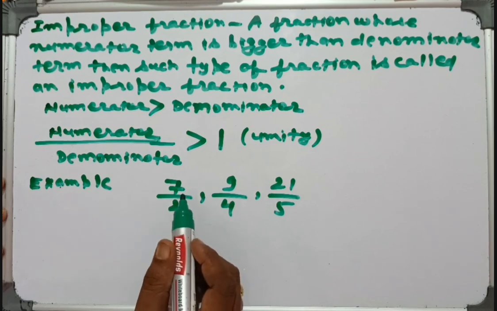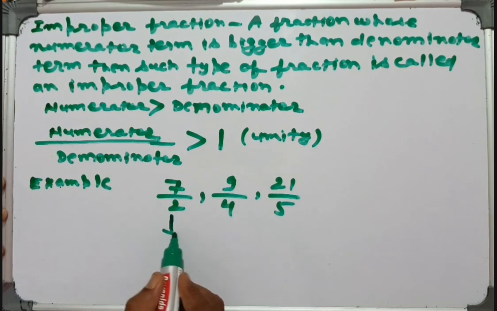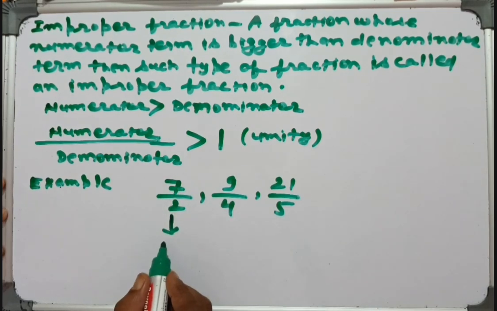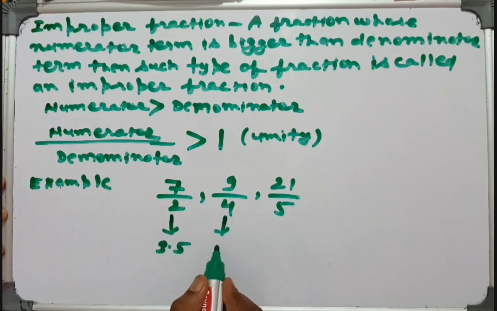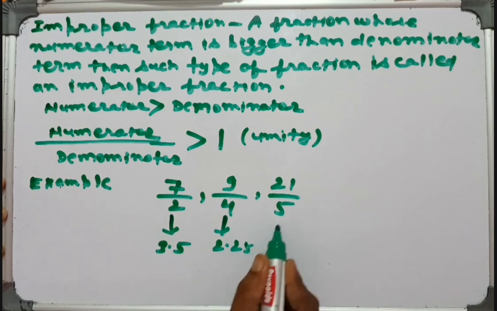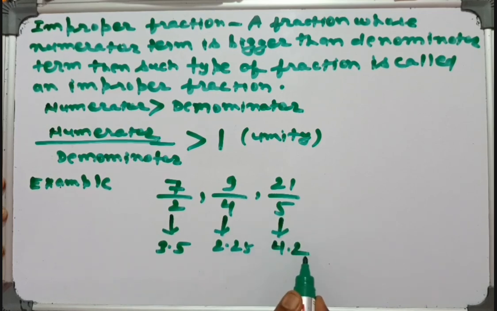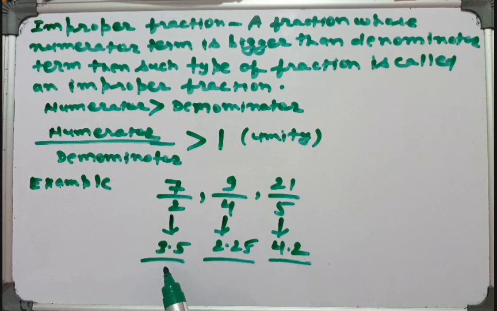When you go to higher classes, you get these values as 3.5, 2.25 and 4.2. These values are greater than 1.